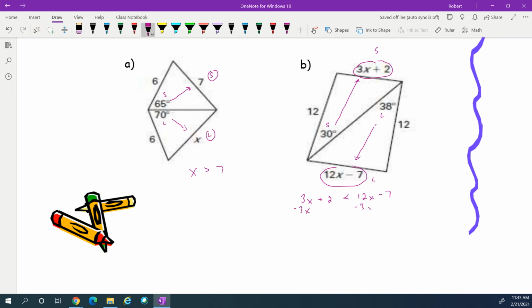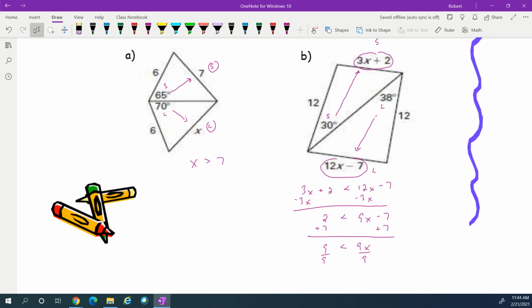Remember, when you're solving an inequality, the only difference is when you multiply or divide by a negative, then you flip the inequality symbol. So the way you solve might affect that, or it might not. In this case, 1 is less than x, or we can flip it to say x is greater than 1.